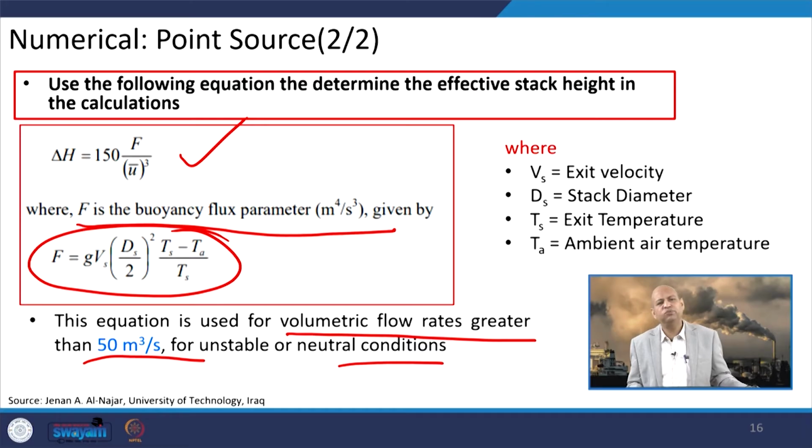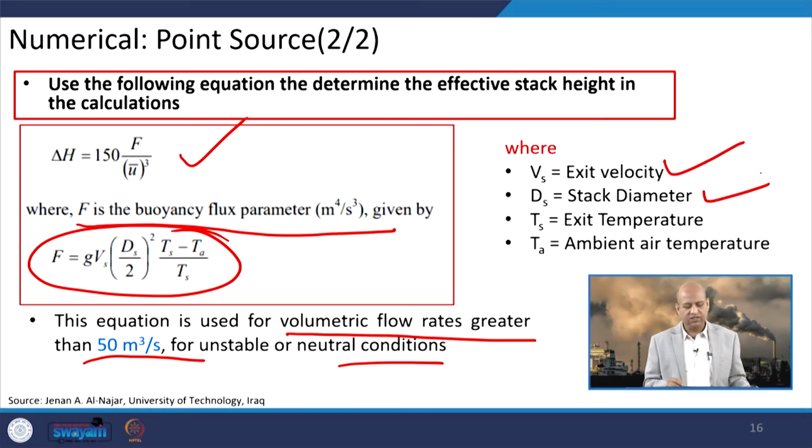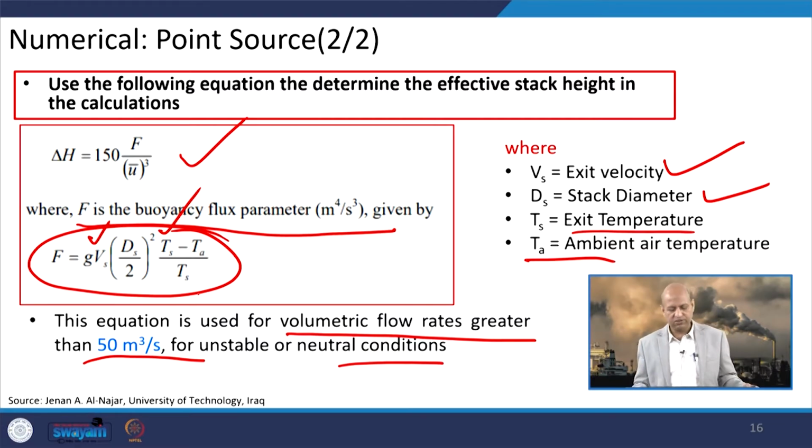So, first of all we should calculate the volumetric flow rate, so that we can know whether this equation is applicable or not. Vs is exit velocity, ds is diameter of the stack, Ts is exit temperature, Ta is ambient air temperature, these are given. So, we can easily apply this equation, but before that we need to know whether the volumetric flow rate in this case is more or less than 50 cubic meter per second.